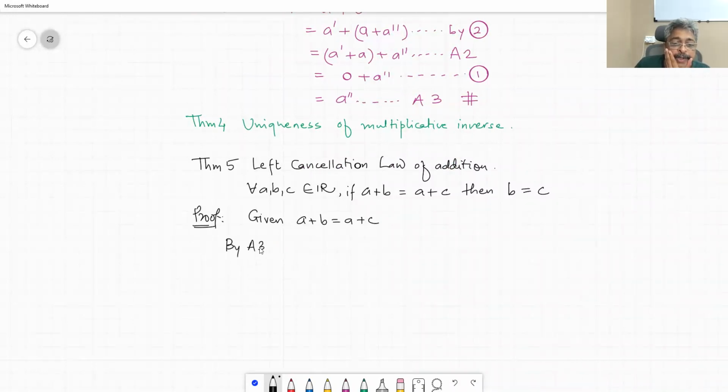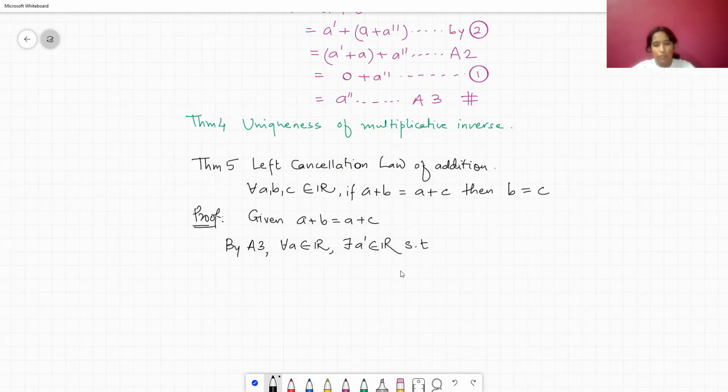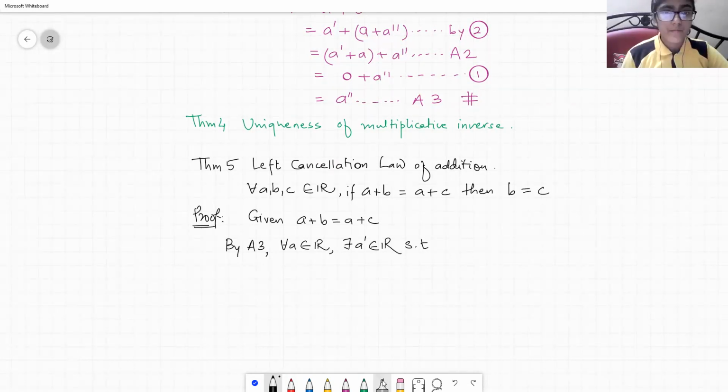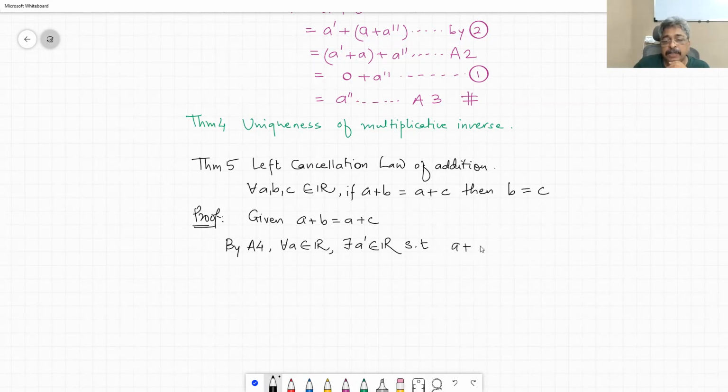By A4, for every A belonging to R, there exists A dash belonging to R such that A plus A dash is equal to A dash plus A is equal to 0.